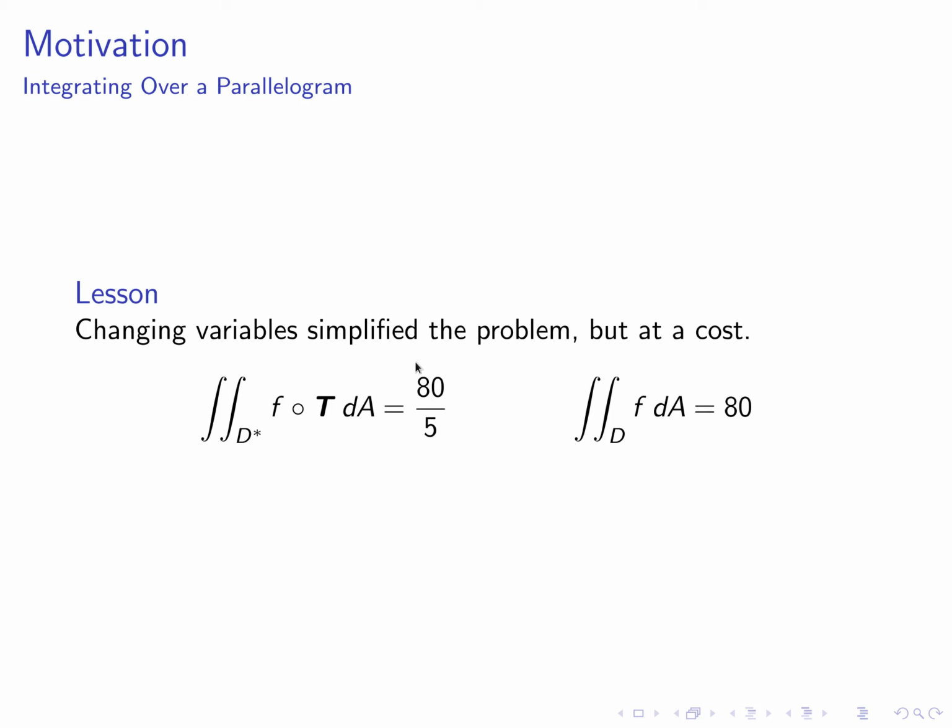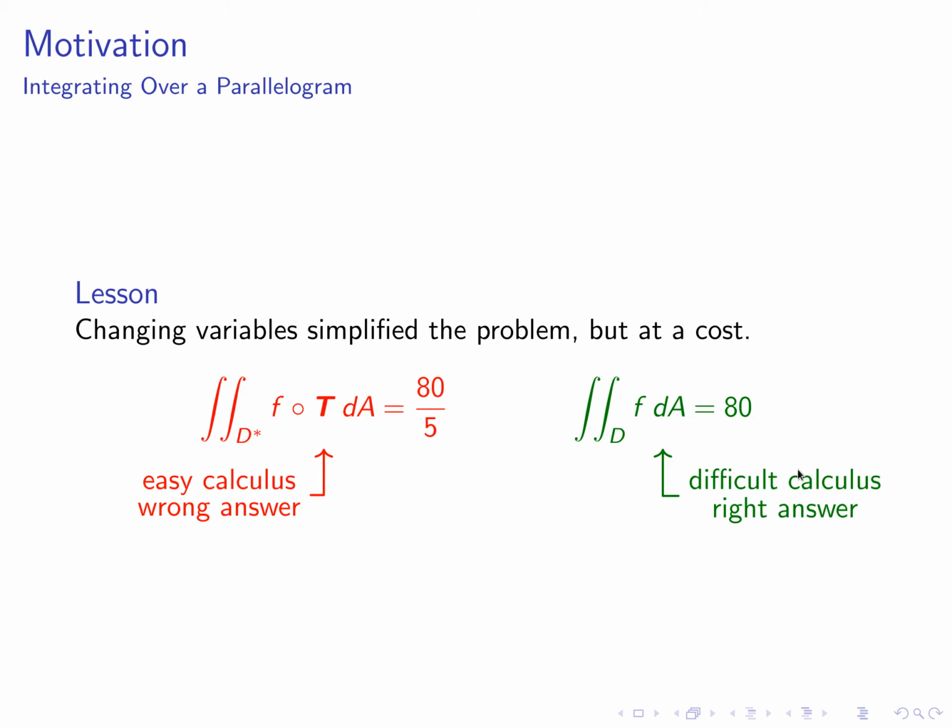Well, when we changed variables by introducing this function capital T, we composed the density function with capital T and integrated over the nicer region, D star, which was the unit square in uv space. The issue was that the calculus here was easy, but we got the wrong answer, whereas in the original integral, the calculus was difficult, but we got the right answer. So one of the things we'll need to do is figure out how we can tweak this formula on the left so that the calculus is still easy, but the answer is actually right. That's what the change of variables formula will address when we get there.